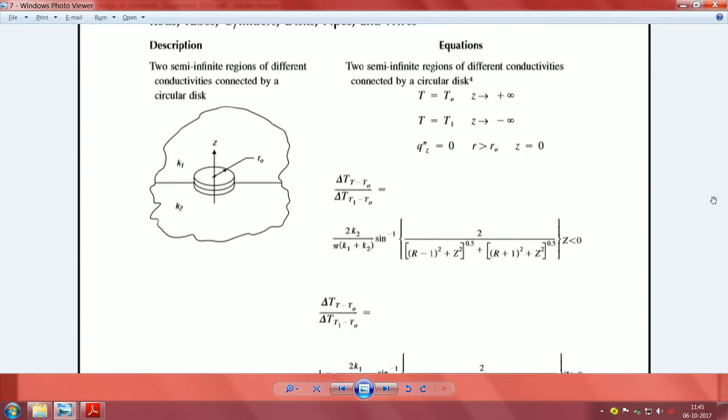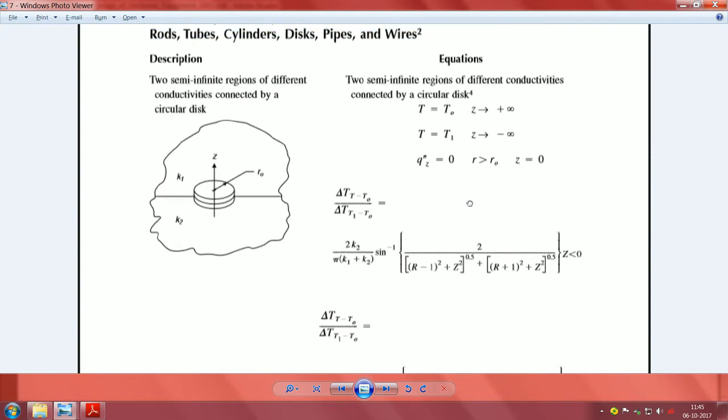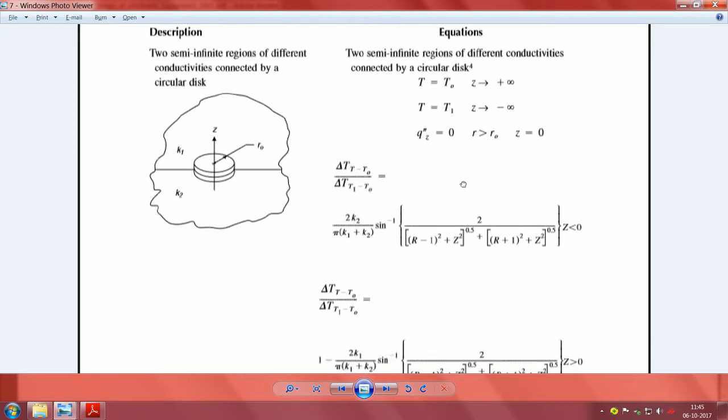So, once again coming back to this point, the issue being different conductivities connected by a circular disc. Where do you have this conductivity problem? Because in between you may end up with small thin washers. Long ago we were using so called mica washers, with or without heat sink compound.